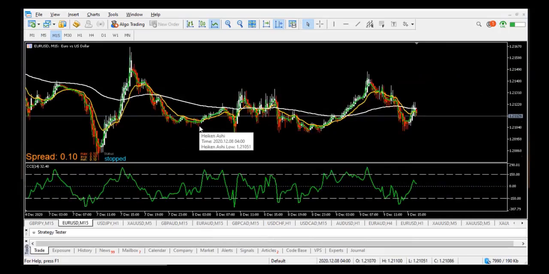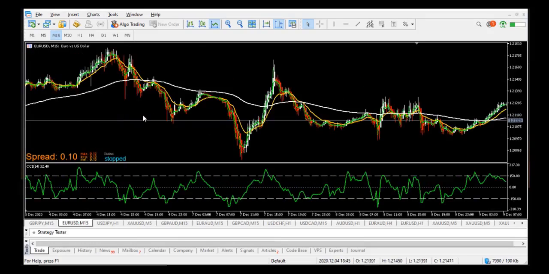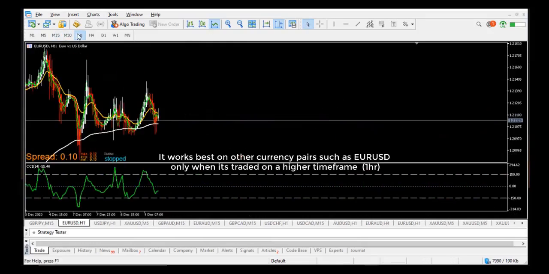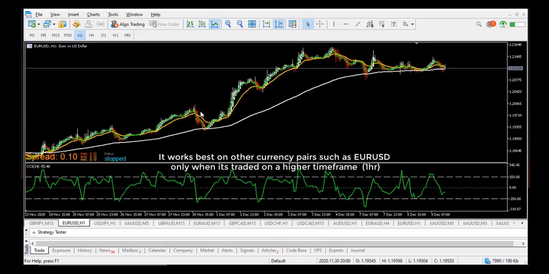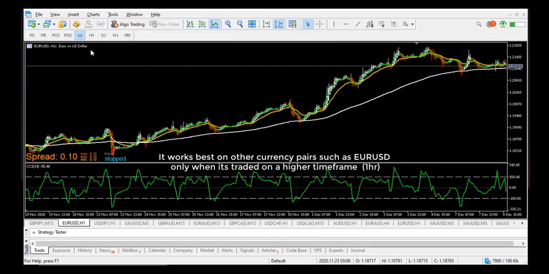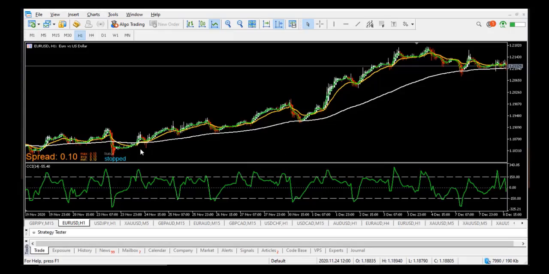You may want to say, how about the most popular EURUSD? The system is more profitable on the EURUSD when you trade on a higher time frame, such as the 1 hour time frame, and by then you would not be able to make more profit compared to those who trade with the GBP pairs and the gold pair.